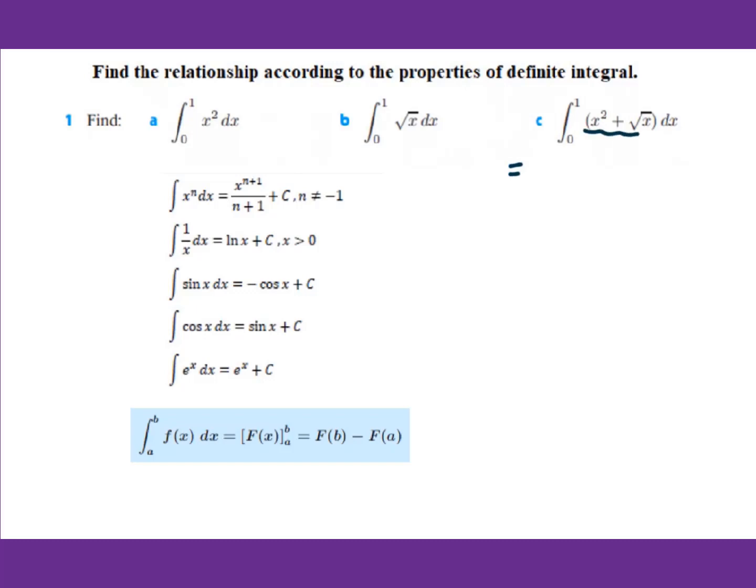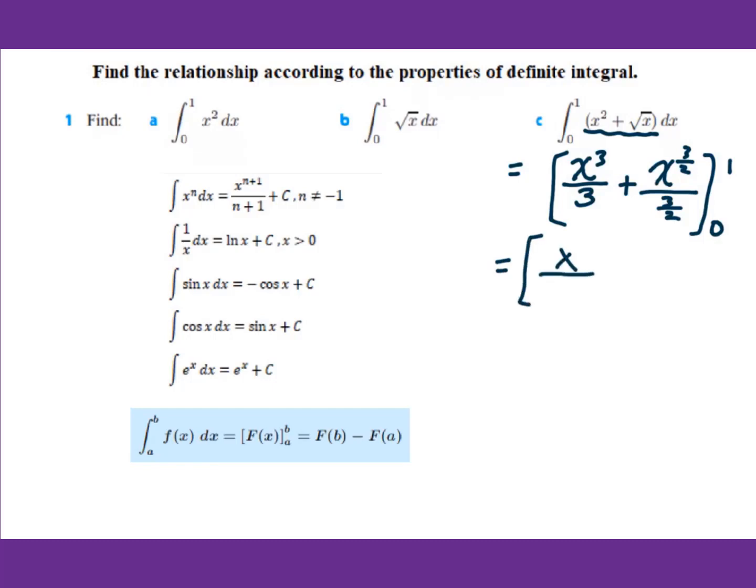We will do this separately. So we get x to the third power over 3 plus x to the 3 over 2, then over 3 over 2, from 0 to 1.